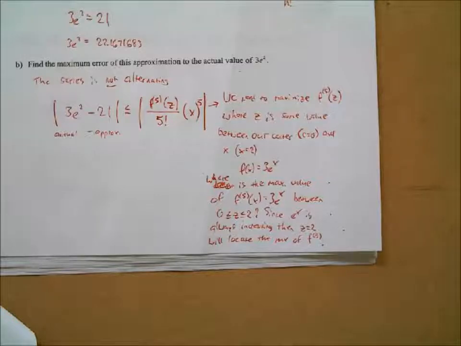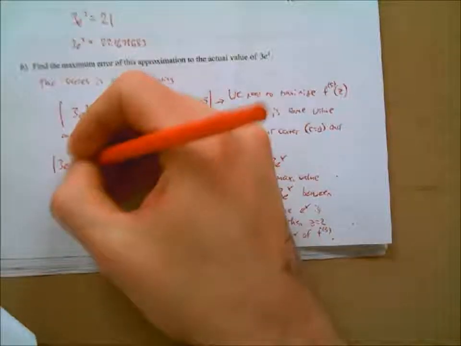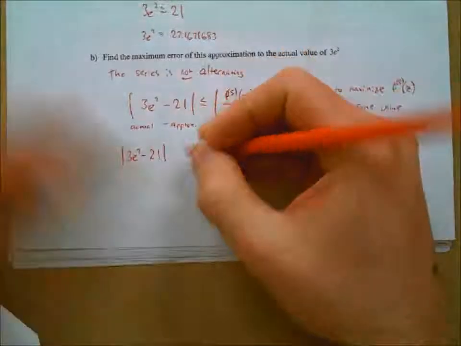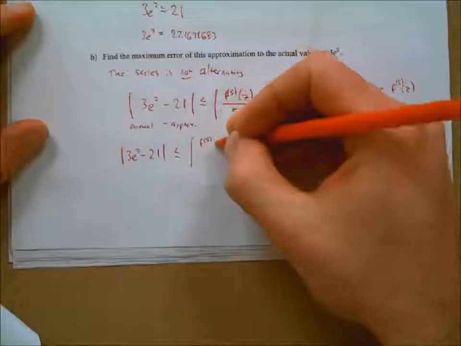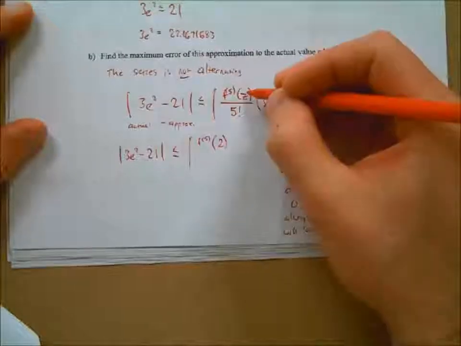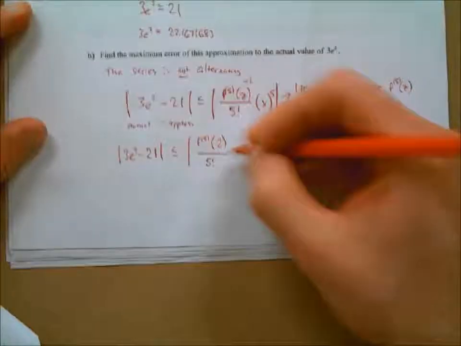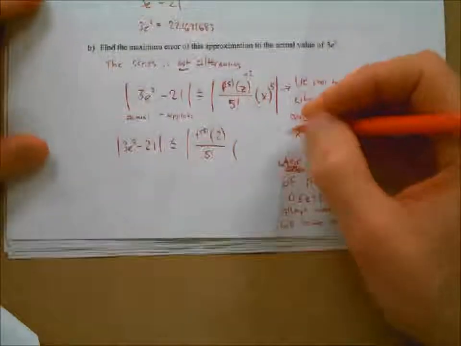So now that we know that z is 2, we can say safely that the maximum error of 3e squared, actual minus the approximation, will be less than or equal to the fifth derivative of f evaluated at 2, so z is equal to 2 there, over 5 factorial times, and again, I'm going to plug in the x value of 2 there.